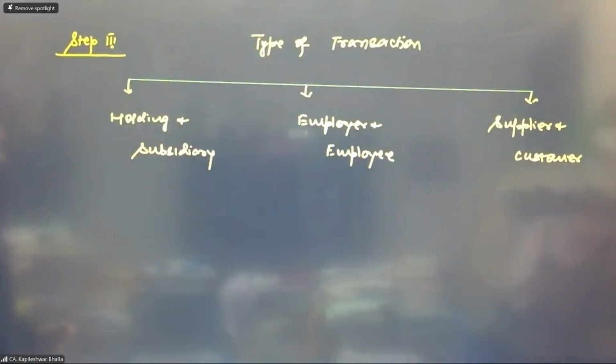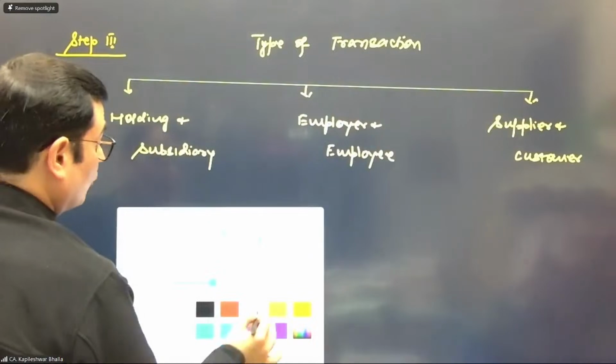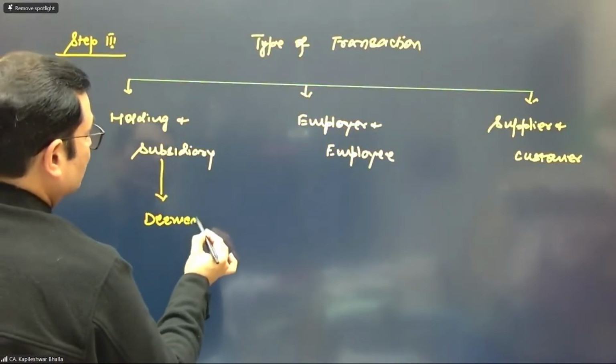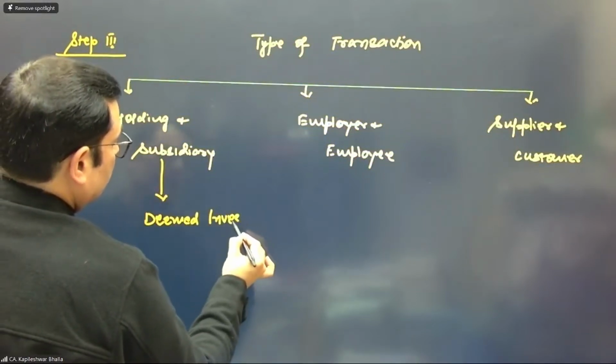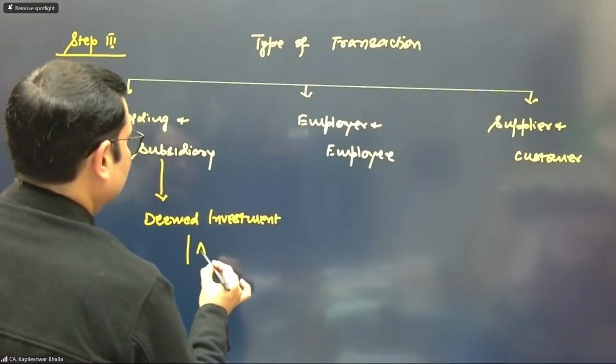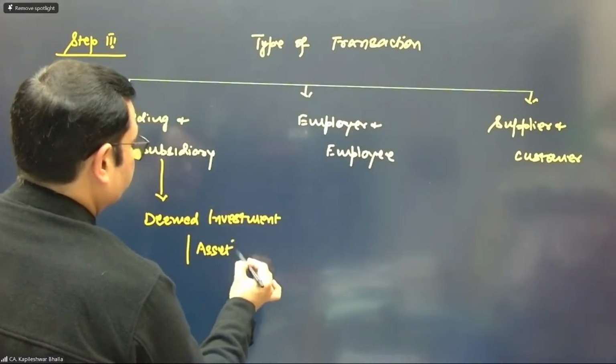Now, depending upon the kind of transaction, if there is holding-subsidiary, the difference will be treated as a deemed investment, which is treated as an asset in the books.